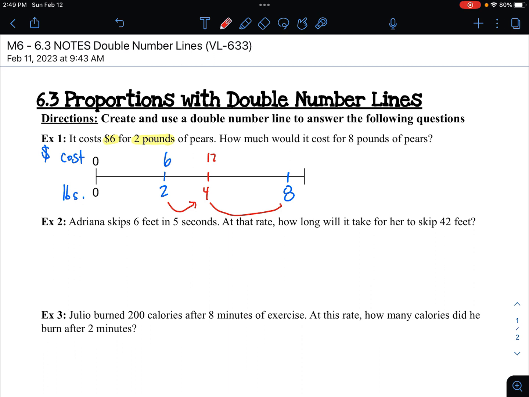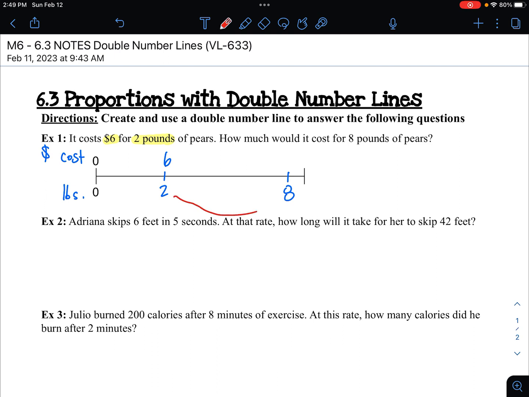Another way you can think of it is, if it's $6 for 2, 12 for 4, another $6 for 6 pounds, so that's 18, and another 2 pounds will get us another 6, 24. So it's almost like you're adding. But rather than doing all that, I'm just going to jump to how I would do it, which cuts out all of that.